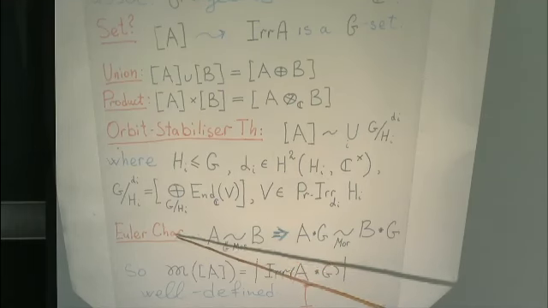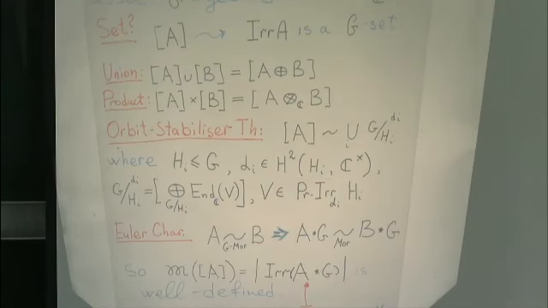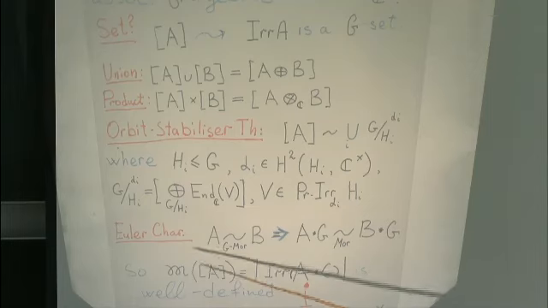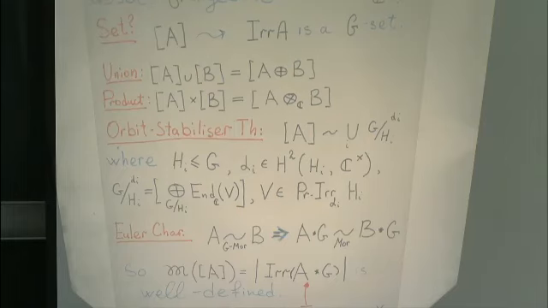But I need some Euler characteristic of this set, right? But I don't need the usual Euler characteristic. I need the G-equivariant Euler characteristic. So what is a G-equivariant Euler characteristic of a point? If you have a group G which acts on a point, then the Euler characteristic should be the size of the G-equivariant K-theory.